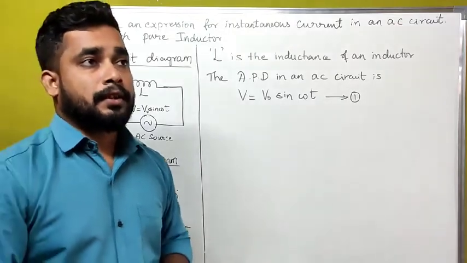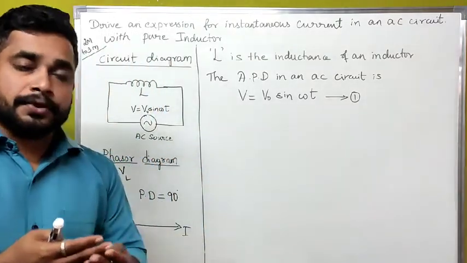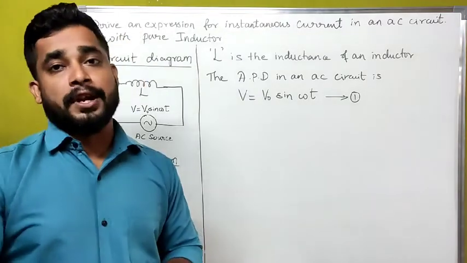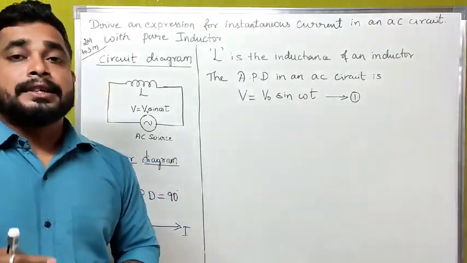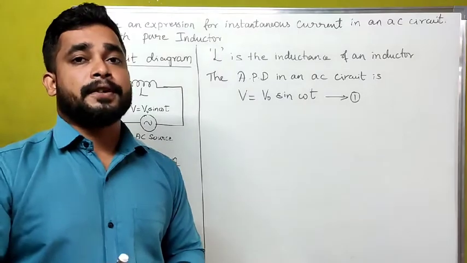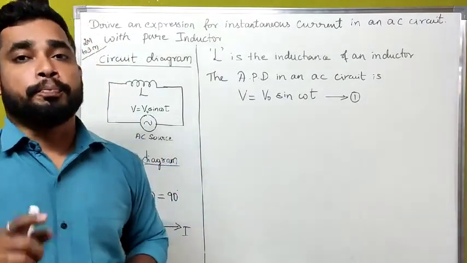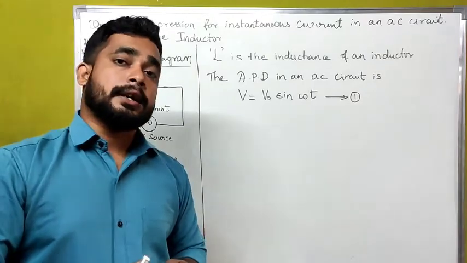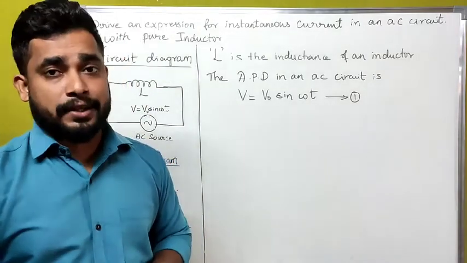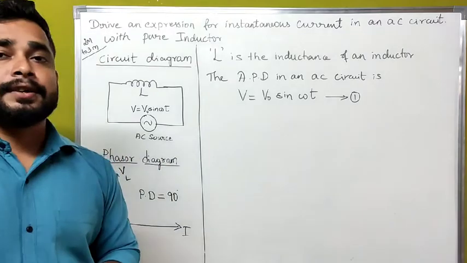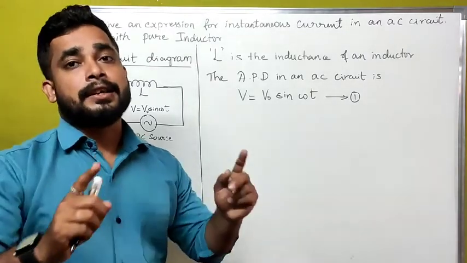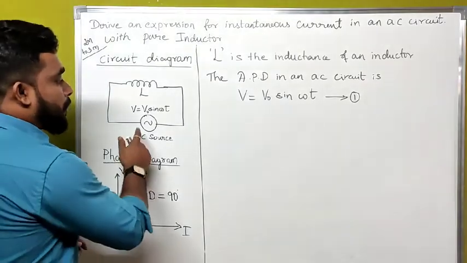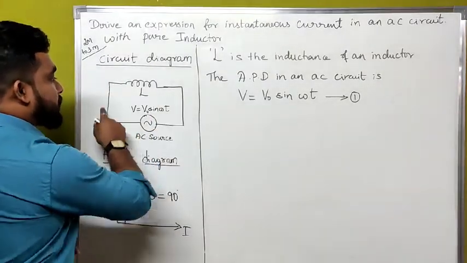What it says? The sum of current and resistance products is equal to the sum of EMFs inside a loop. In a loop, the sum of current and resistance products is equal to the sum of EMFs in a circuit. That is our Kirchhoff loop law or voltage law. Let us assume this as our loop.